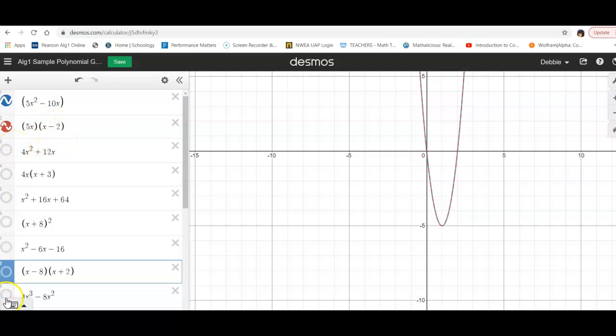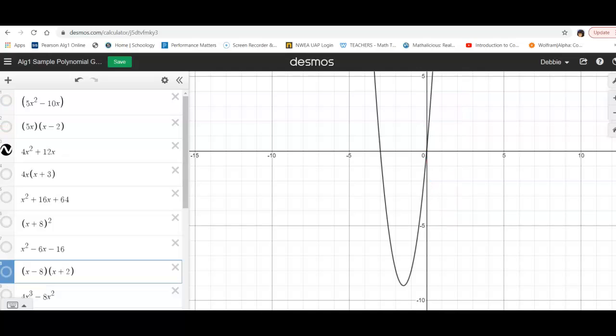Let's look at another one. So here's another quadratic binomial, 4x squared plus 12x, and here is the factored form of that same quadratic. You can see it's the same line, and once again, look at the two factors.